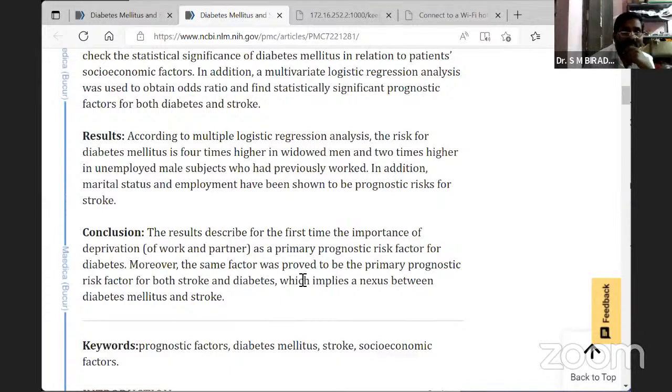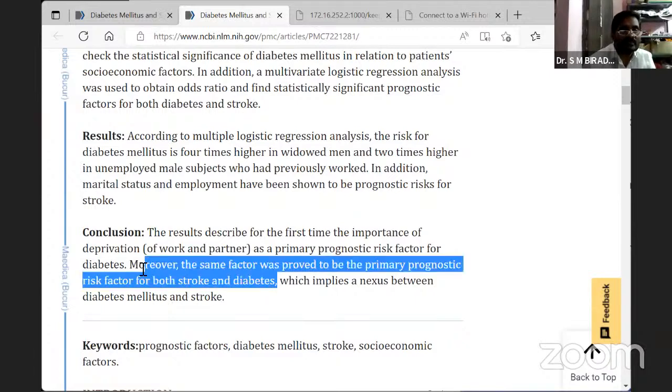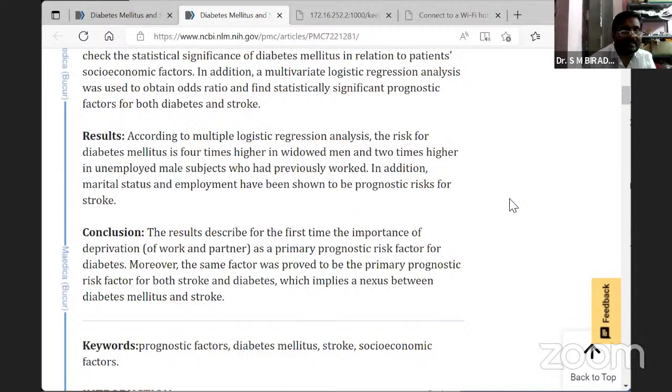Moreover, the same factor was proved to be a primary prognostic risk factor for both stroke and diabetes, which implies the nexus between diabetes and stroke. Nexus means it correlates between the two.